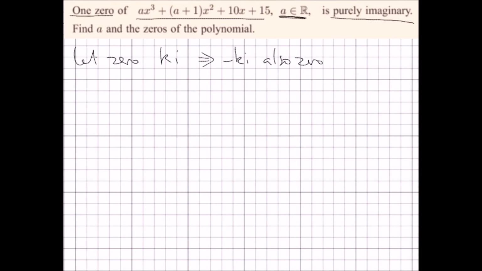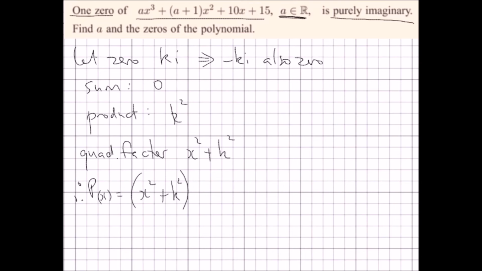And once again, we can work with the sum and the product of those zeros. The sum of the zeros will be 0, and the product will be k squared, which means our quadratic factor will be x squared minus 0x plus the product, so x squared plus k squared.